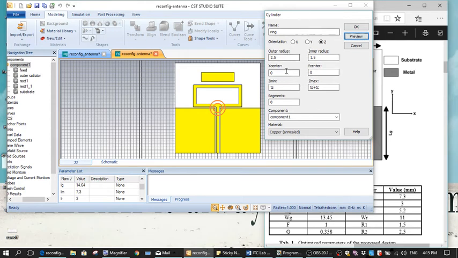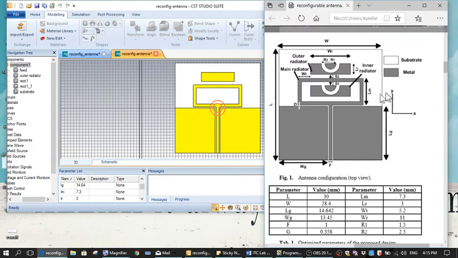Push it upwards by giving some dimensions. Okay, we'll give the same dimensions as were given there. So we need to cover a distance of LM plus LR.